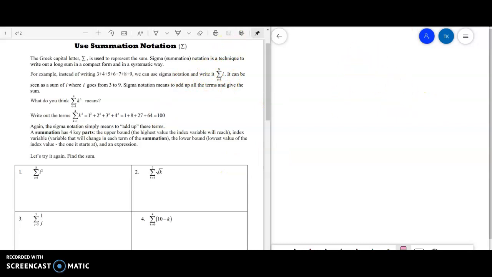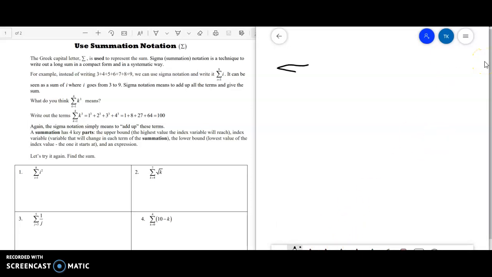On the right-hand side of the screen, I'm going to write it. Let me get my pen. We have the summation beginning with a value of 3, ending at a value of 9, of i. So what does this mean?